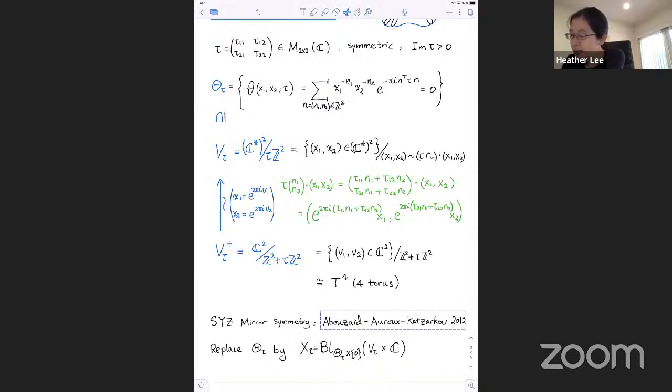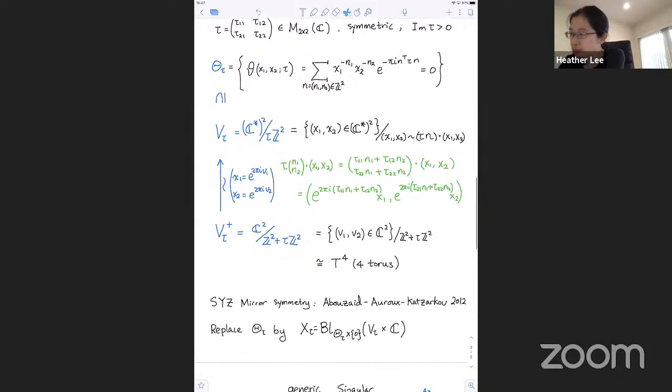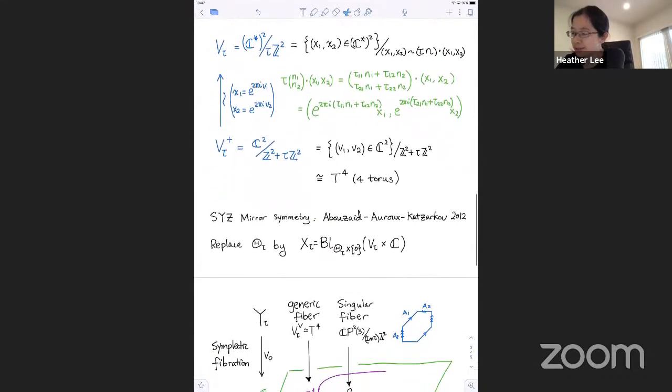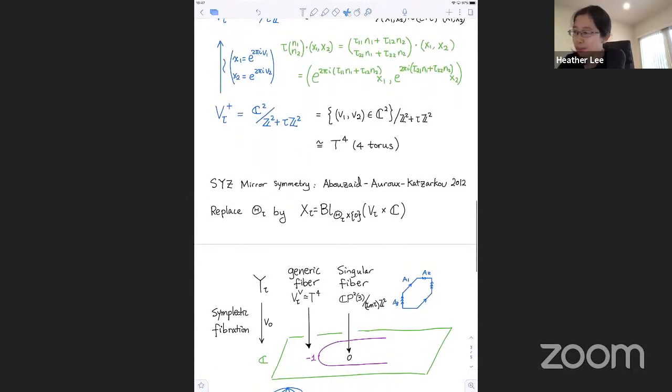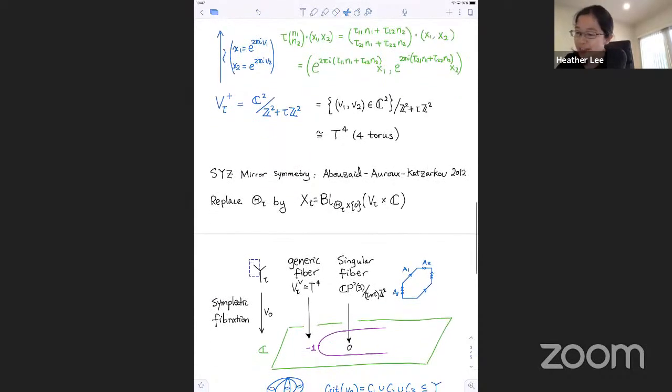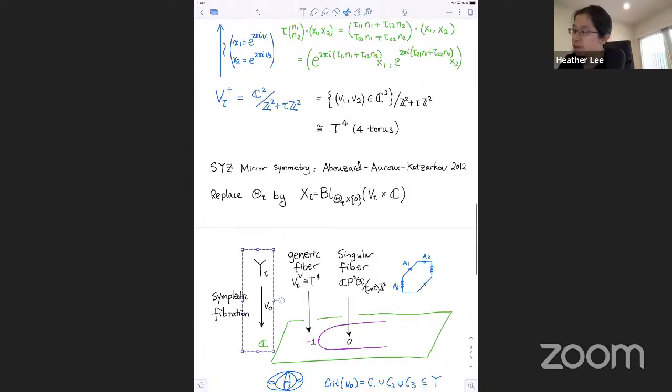Abouzaid, Auroux and Katzarkov in 2012 actually worked out the SYZ version of the mirror symmetry story for this space. And the mirror to X tau is actually a symplectic fibration, Y to C. So this symplectic fibration is called the Landau-Ginzburg model.